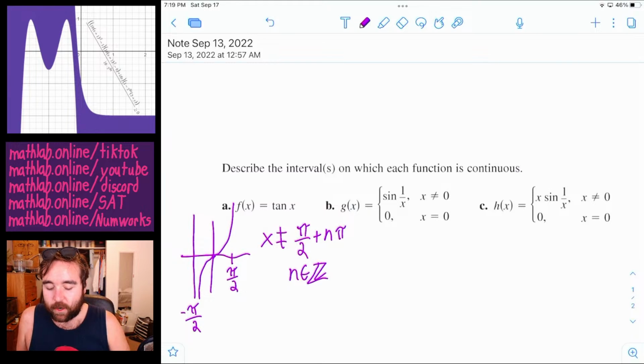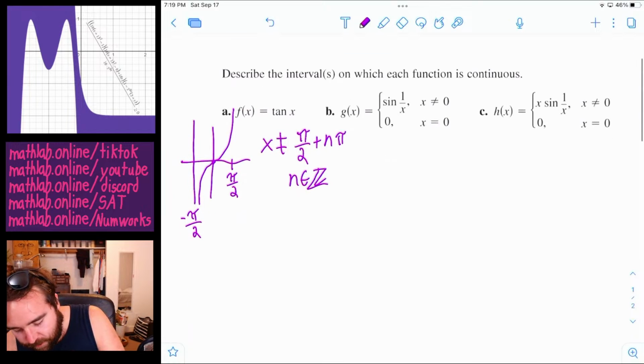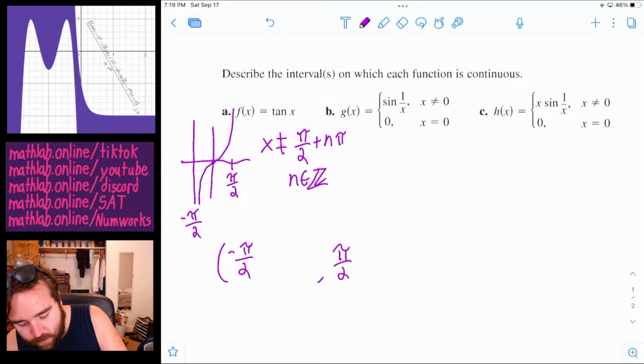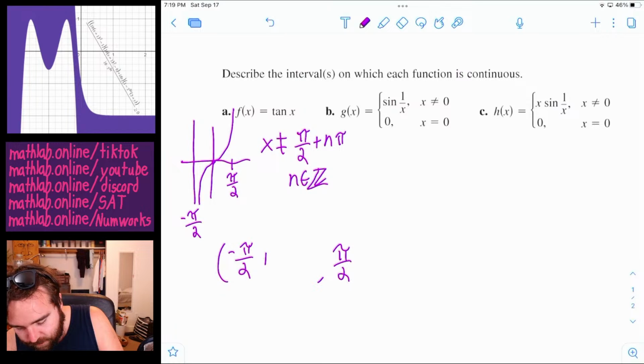But I'd like to say where it is defined, where it is continuous. So how can I write that? Let's just look at this right here. This is from negative pi over 2 to pi over 2. But then where's the n? I guess then it's just plus n pi.